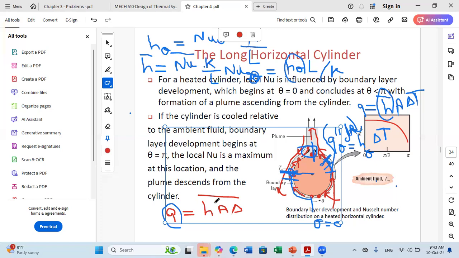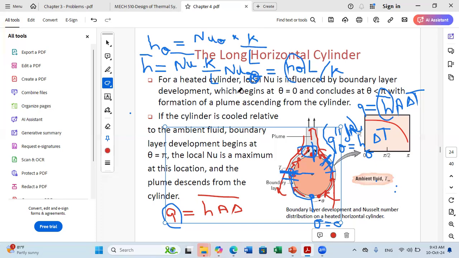Okay. So going back to this example, as we said, if the temperature of the cylinder is larger than the ambient temperature, then the maximum temperature will be at the bottom and it will decrease for larger values of theta.